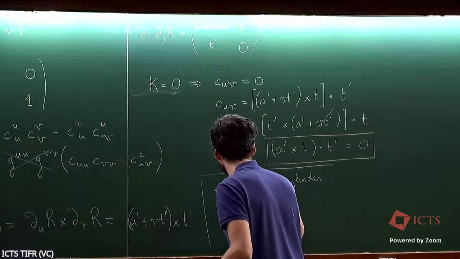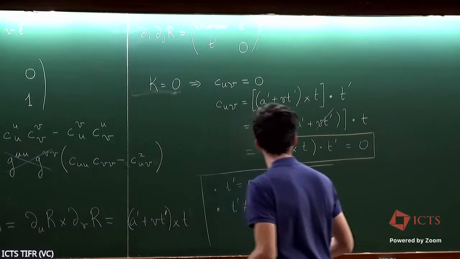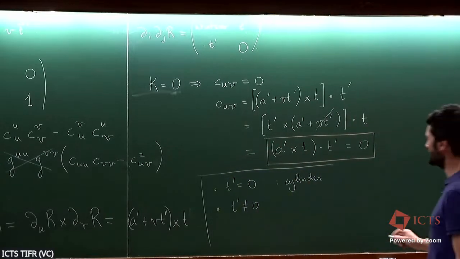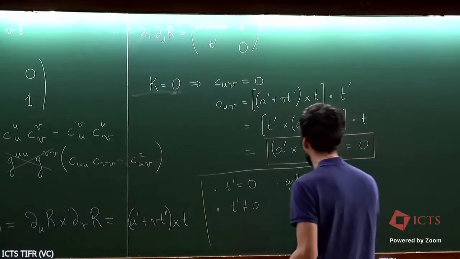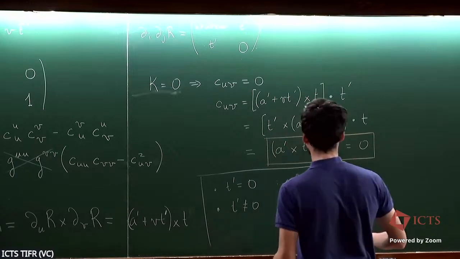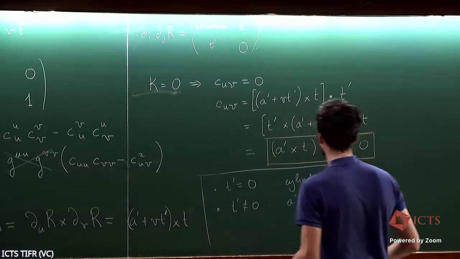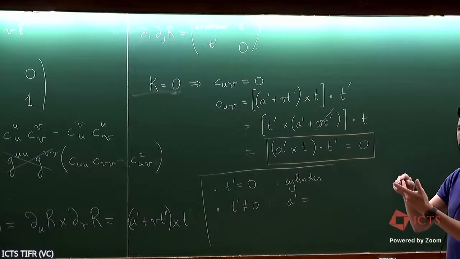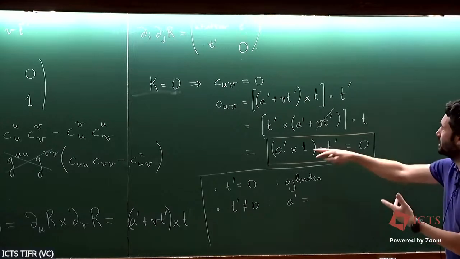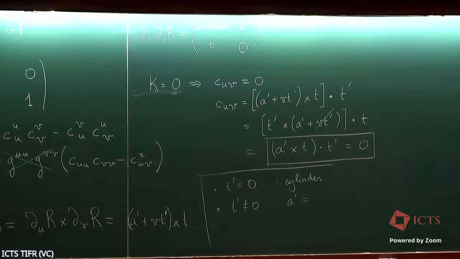So if t prime is different from 0, then for this mixed product to be 0, this means that these three vectors lie in a plane.